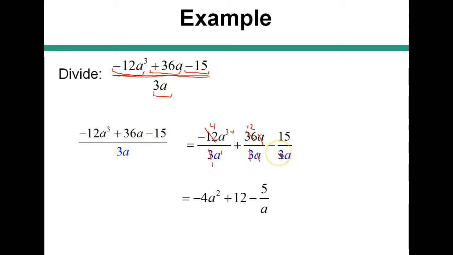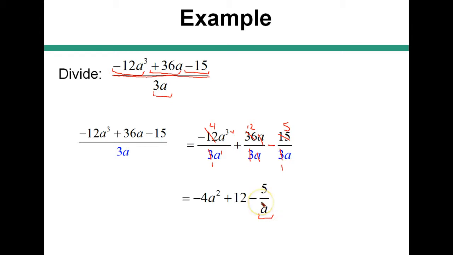And then here something interesting happens. We have a negative sign, we said, yes. 3 will go into 3 once, will go into 15 5 times. So in the numerator position we have a 5, but the a did not cancel. So we have an a left in our denominator.